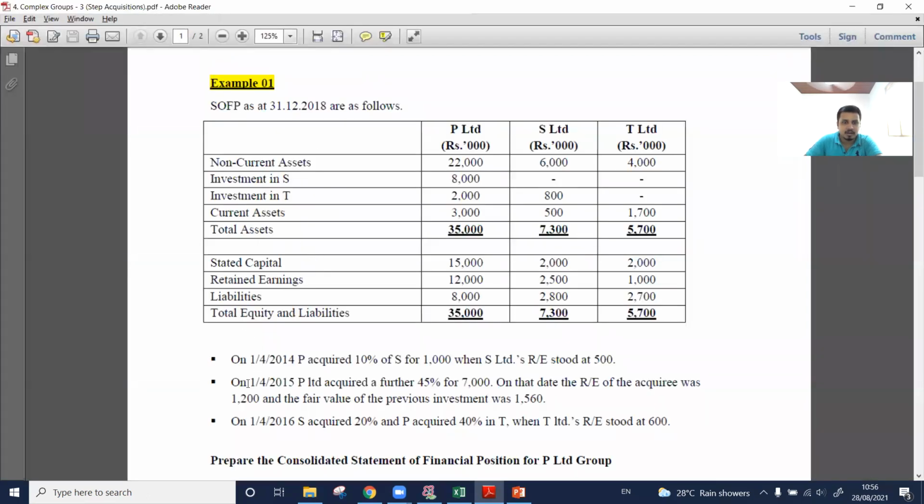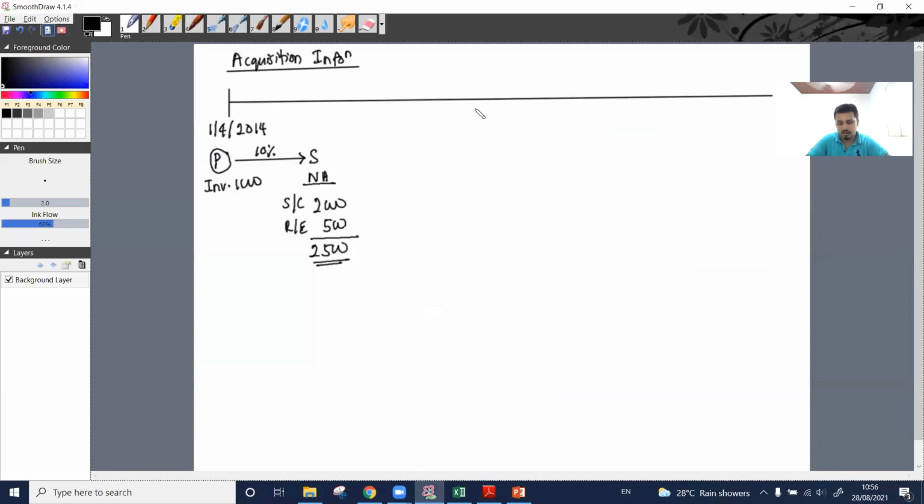Then on 1st of April 2015, exactly a year after, P Limited acquired a further 45% for 7,000. On this date, 1st of April 2015, what has happened?